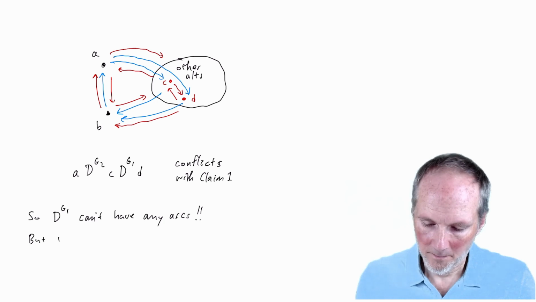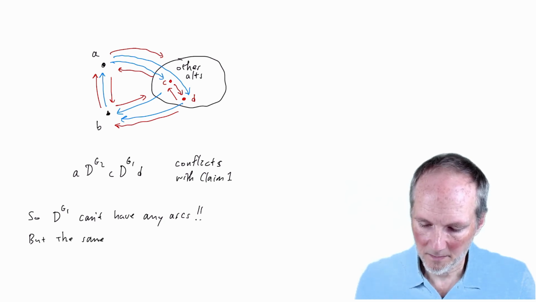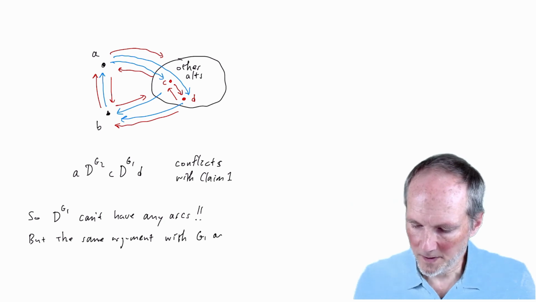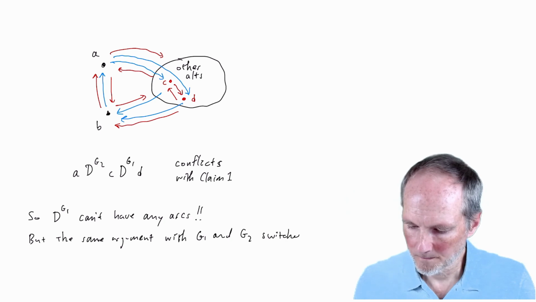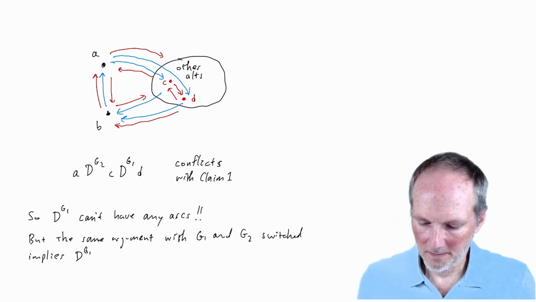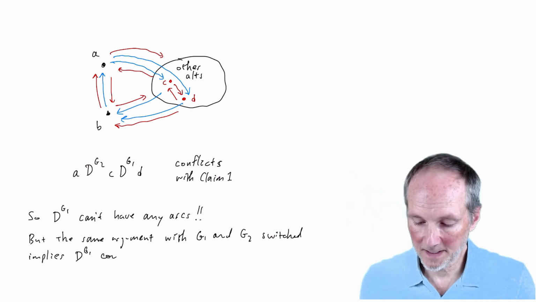But the same argument with G1 and G2 switched implies that the decisiveness relation for G1 contains lots of arcs.